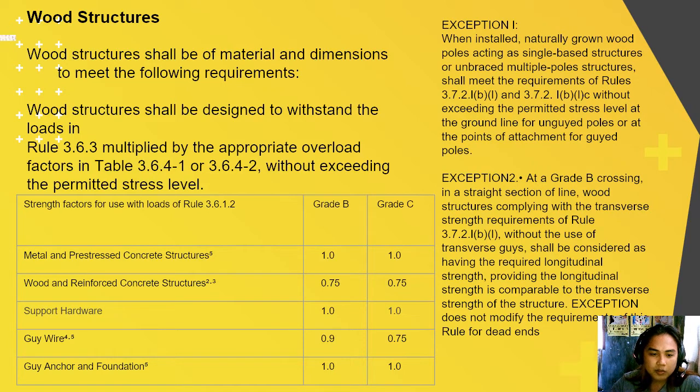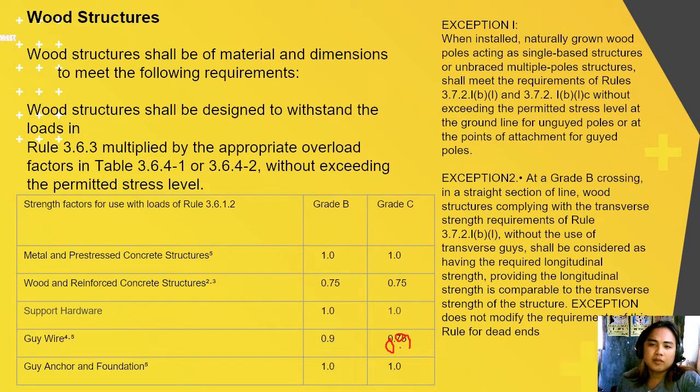I think it's 0.9 also. You can assume that this is 0.9. For the guy anchor foundation, 2.5, it is 1.0 for Grade B and also Grade C.